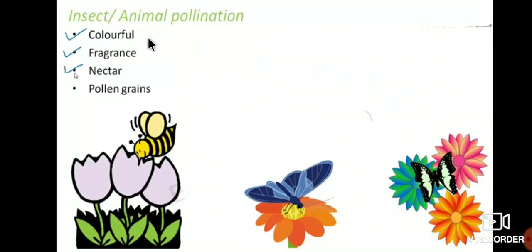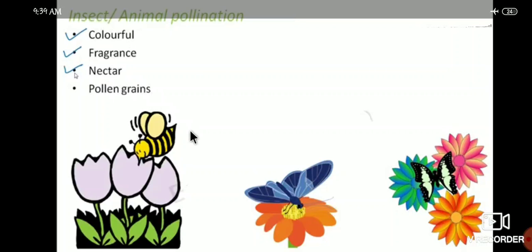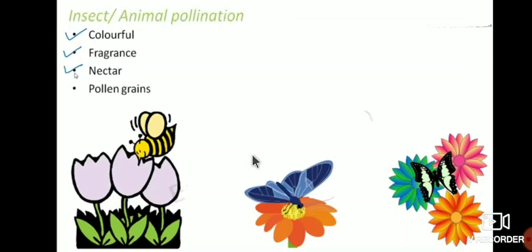How does pollination take place? They attract the insects or birds by their colorful flowers, or by the fragrance of the flower, or by the nectar of the flower, or by the pollen grains. So these are the concepts we have studied in today's class.